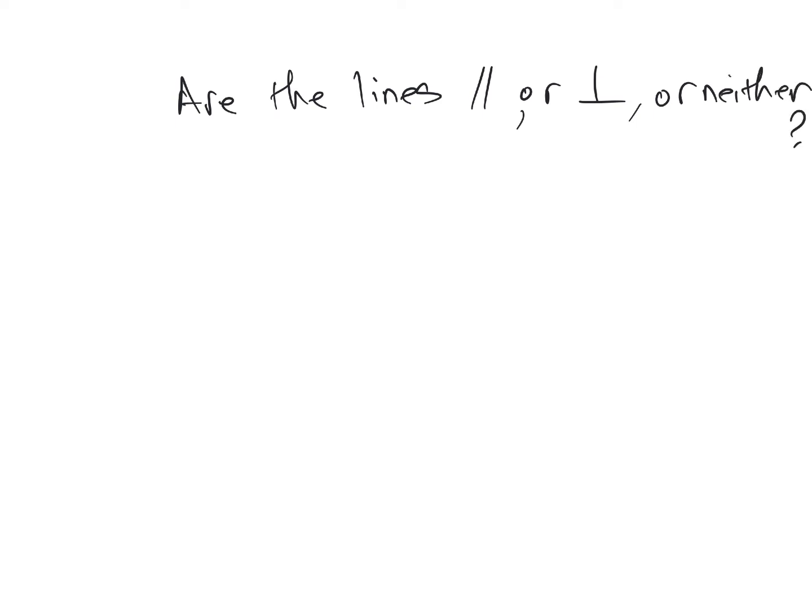So are the lines parallel or perpendicular? I should say parallel, perpendicular, or neither? Parallel, perpendicular, or neither? All right, so let's start with something simple. Write down your answer.